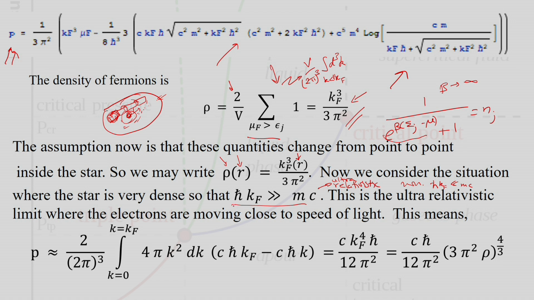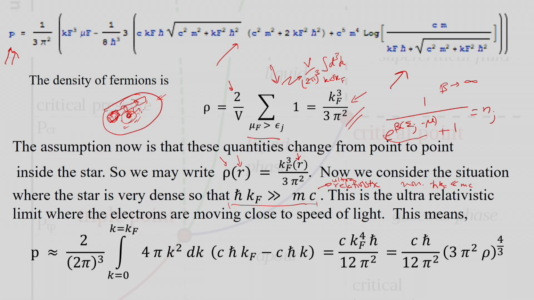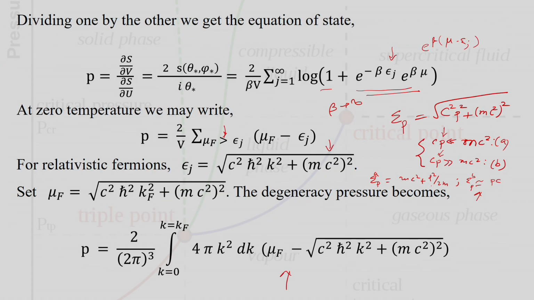So, let us look at Chandrasekhar's calculation where he did the second part, where h bar kf, which is the Fermi momentum, is much greater than mc. In this limit the fermions are moving close to the speed of light. So, instead of dealing with this complicated equation, we can just approximate this by h bar k c and then just do this integral.